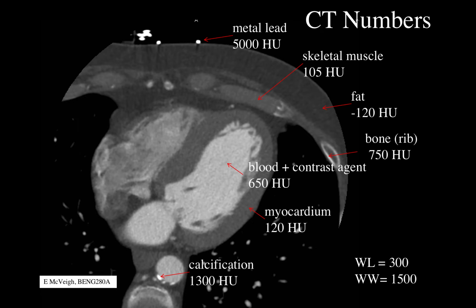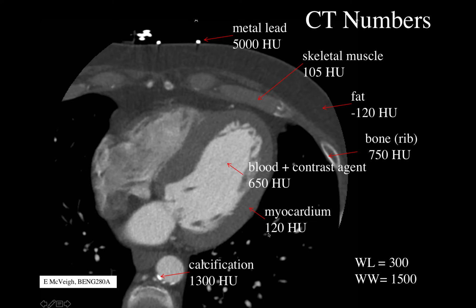So you get to know these numbers for different tissues. They're characteristic of different tissues. So skeletal muscle, Hounsfield unit's about 100. Fat is minus 120, bone is 750, blood with contrast agent in it is 650.